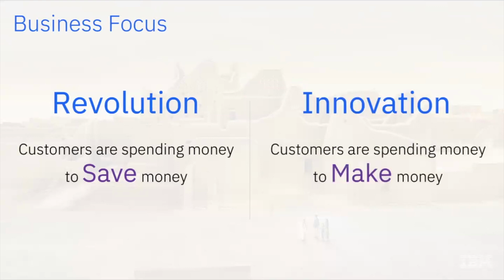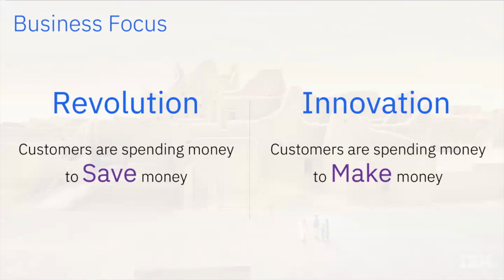The second aspect is innovation. Customers or the business are spending money to make money, which means we need a new business model to have a new revenue stream. If you look into many industries, even government organizations, they have started doing monetization for their services.